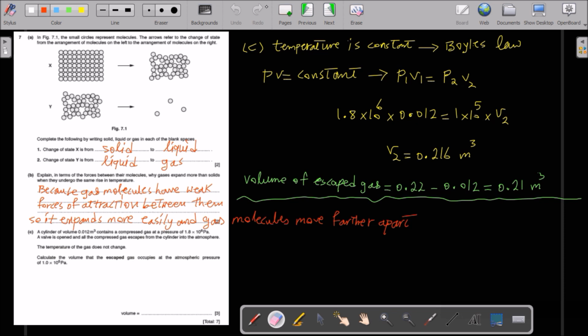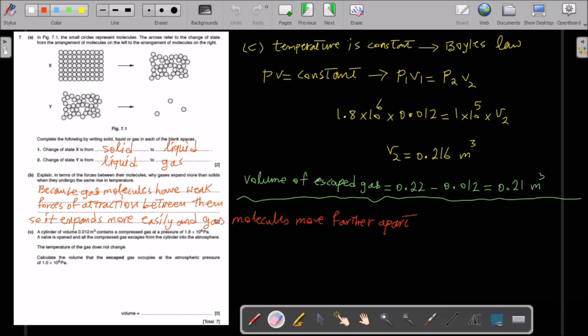We know that in Boyle's law, pressure times volume is constant. So multiply of pressure and volume will be constant. So PV is constant. So it means P1V1 in first condition is equal to P2V2 in second condition.